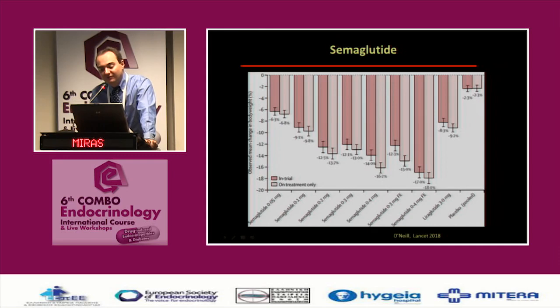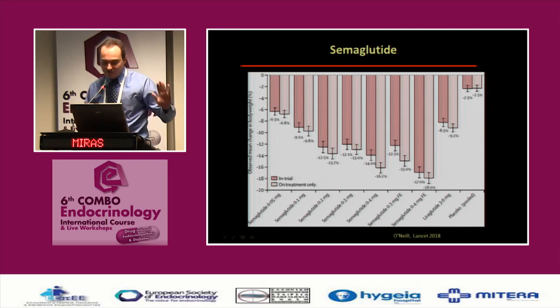This is the Godzilla, as I call it, of GLP-1s. It is called semaglutide. It's coming out soon, hopefully, here as well, for diabetes, and the 2.4 milligrams for obesity will probably come out in late 2019. This is very potent, it's not just another GLP-1 receptor agonist.